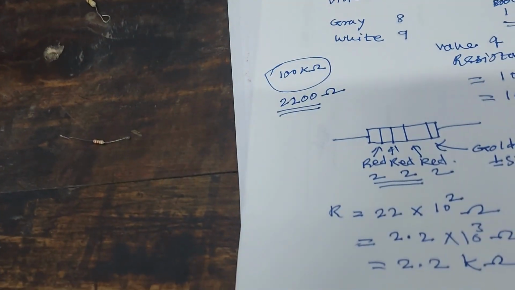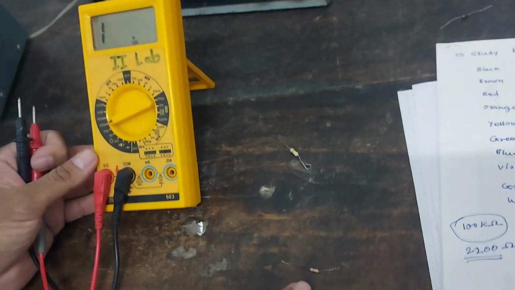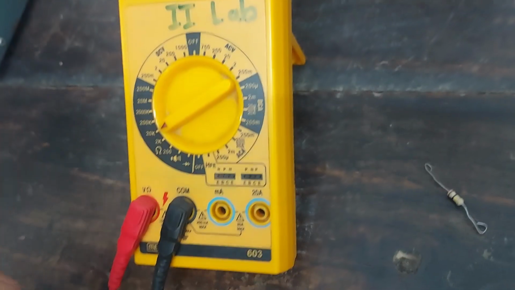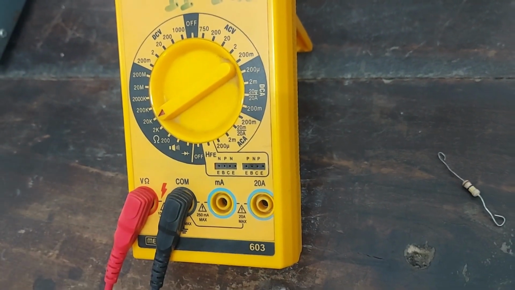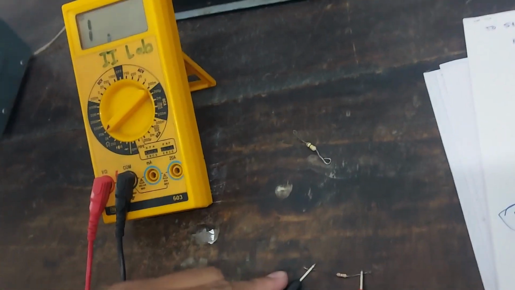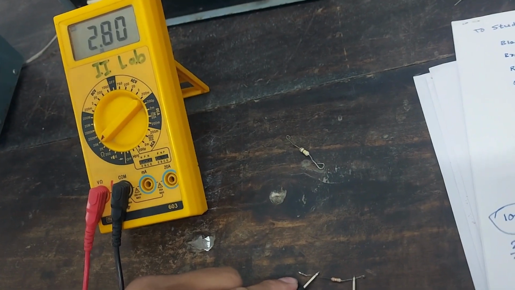Now to measure this resistance value, since it is above 2K, I have to select the range for 20K. So I will select the range for 20K, and now we will do the measurement here by keeping it on a wooden surface, so that will not play any role here.